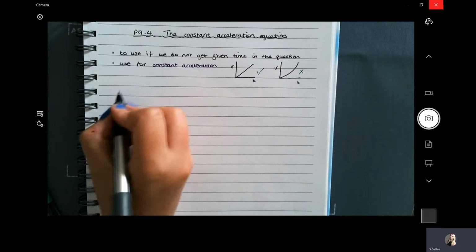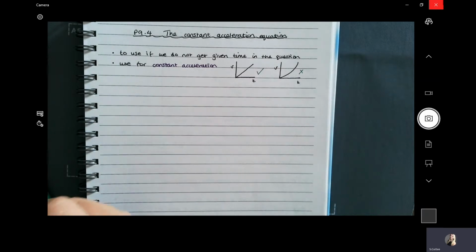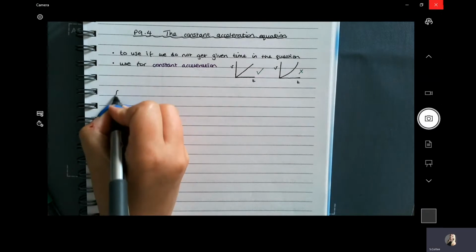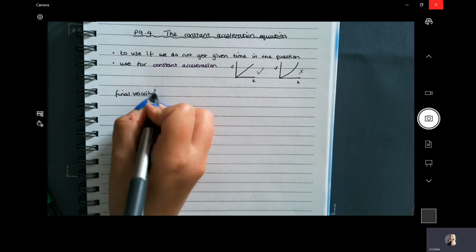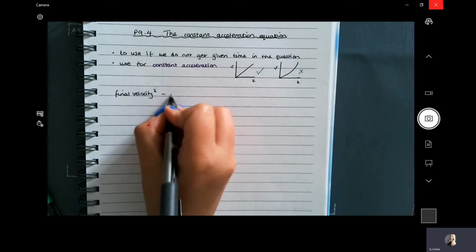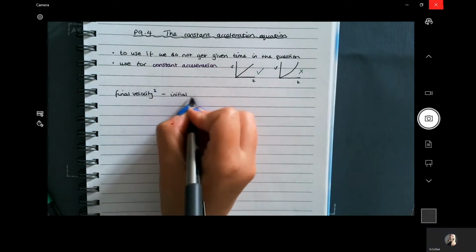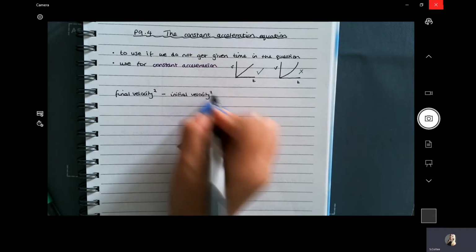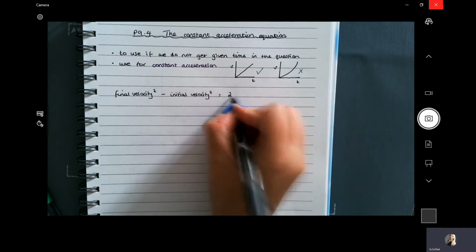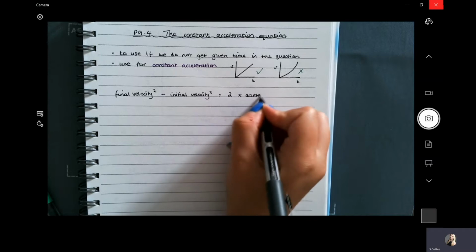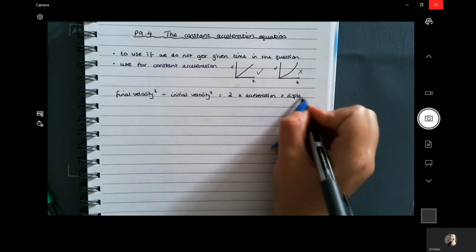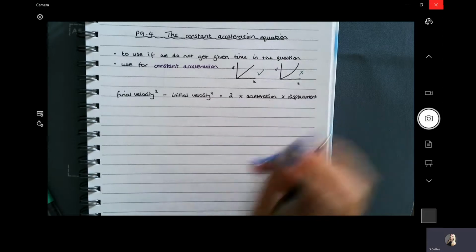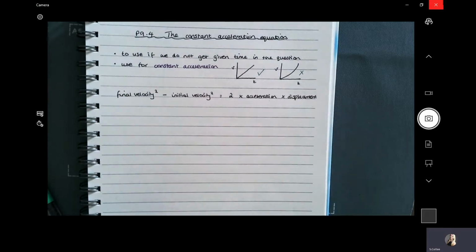So the equation itself, it is quite complex, but don't worry, you do not need to memorize this one. The equation is that the final velocity squared subtract the initial velocity squared is equal to 2 multiplied by the acceleration multiplied by displacement or distance.